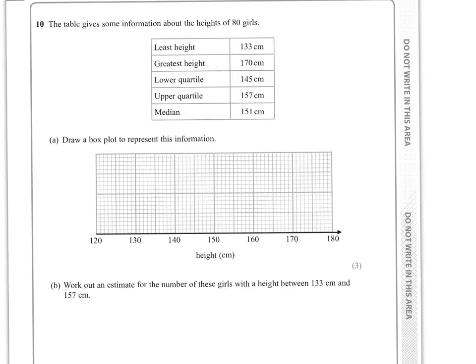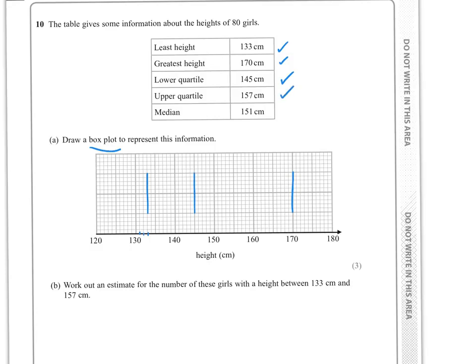Question 10. The table gives some information about the heights of 80 girls. We've got the least height is 133 centimetres, so that's 133. So we can do the least part of our box plot here. We'll look at the greatest next as 170. Then our lower quartile is at 145.